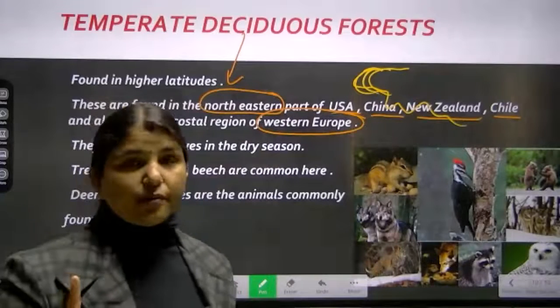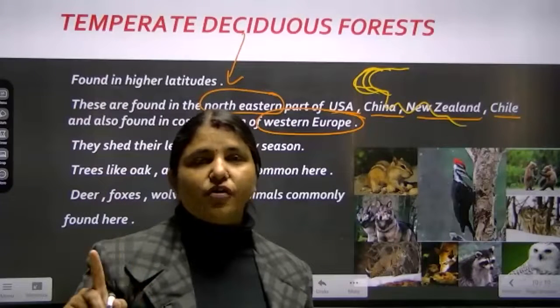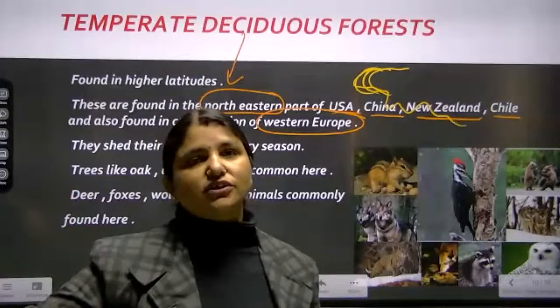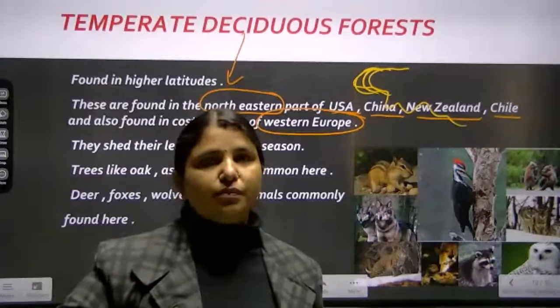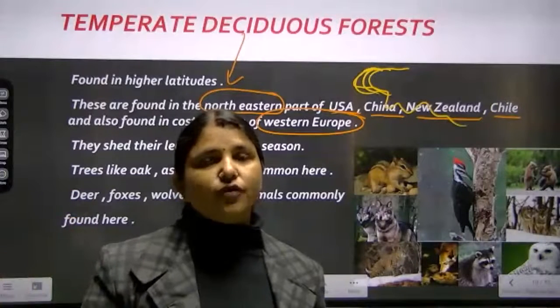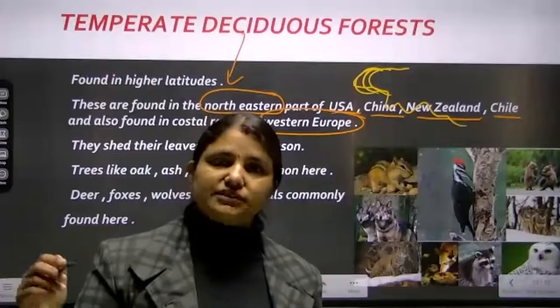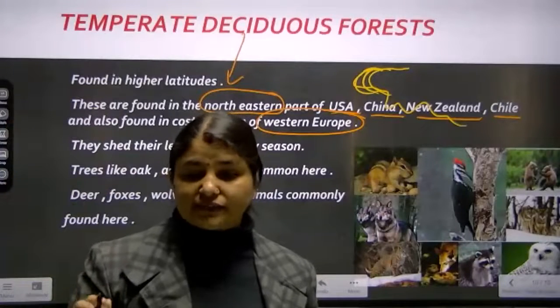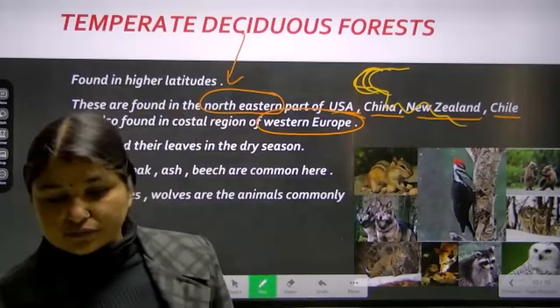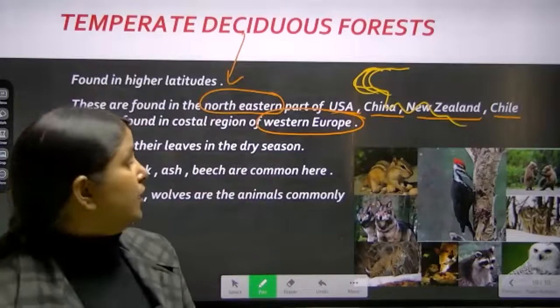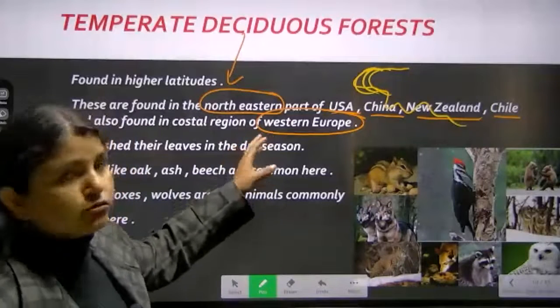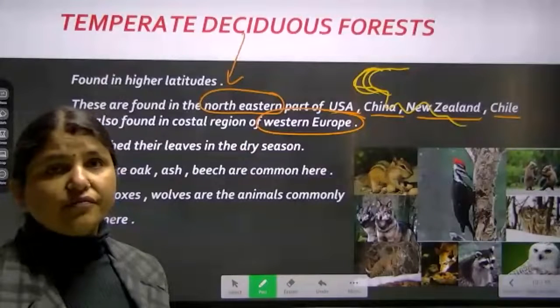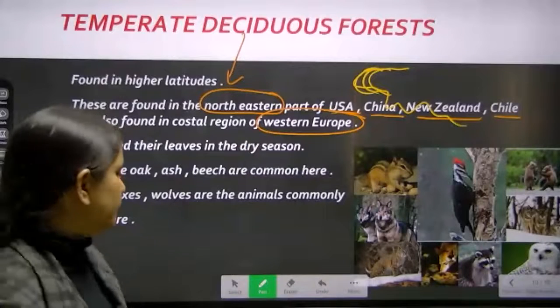So keep in your mind, temperate evergreen forest we find in the eastern margin of the continent, in the southern part, and temperate deciduous forest we find in the eastern margin only, but in the northern part, not the southern part. Except that, Europe's western part is also where we find this temperate deciduous forest.